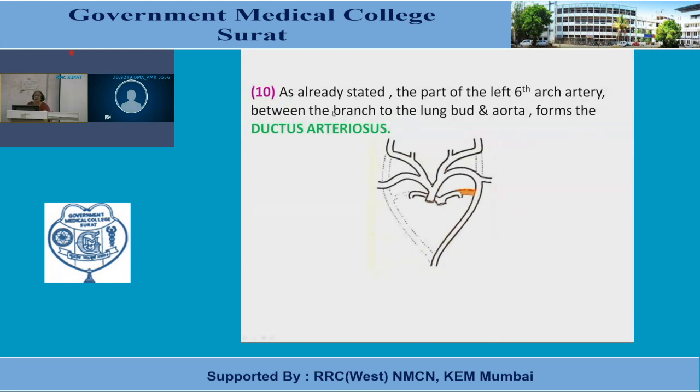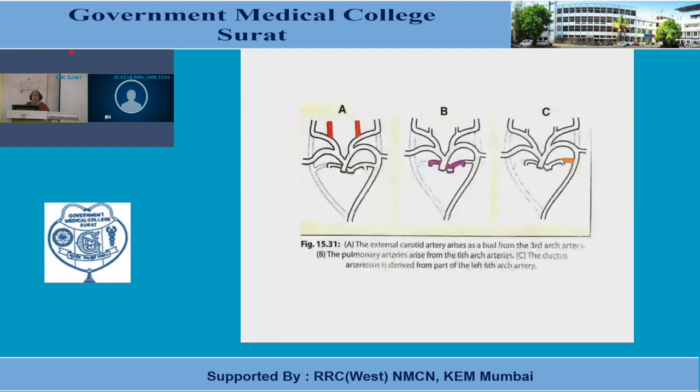Here the part of the left sixth arch artery between the branch to the lung bud and the aorta forms the ductus arteriosus. Now all three are summarized here, diagrams A, B and C: the external carotid artery, the pulmonary arteries and the ductus arteriosus. Okay, that we have discussed in the previous diagram.